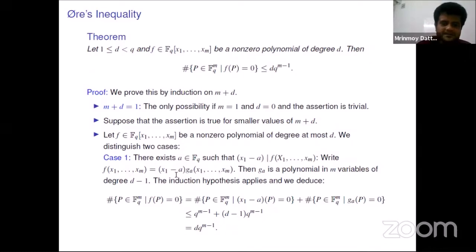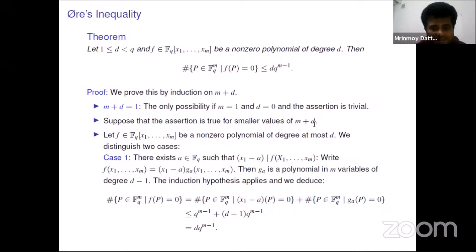Note that degree is additive when we multiply, and as a consequence, this Ga is a polynomial in m variables, and it is of degree d minus 1. So the number of variables plus degree is equal to m plus d minus 1, which is of course 1 less than this.